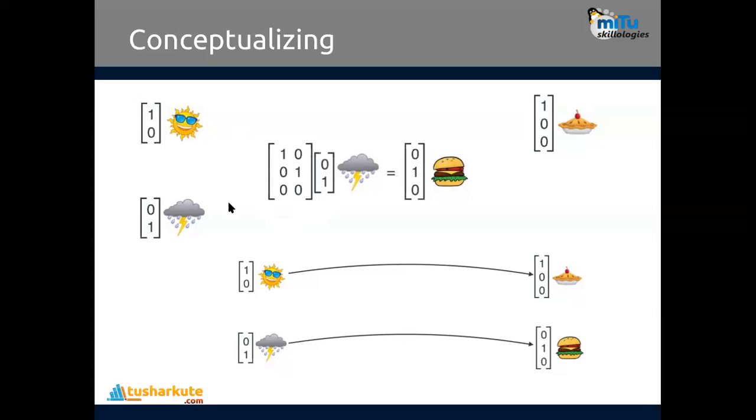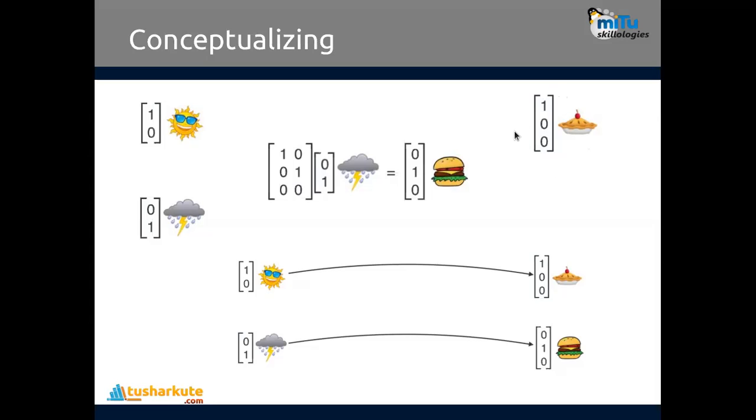If I multiply this input by the particular matrix, I'll get this output. It means that when my input is rainy, I'm getting a burger as the output, 010. And when I multiply this with this particular weight matrix, I'll get this output, 100.